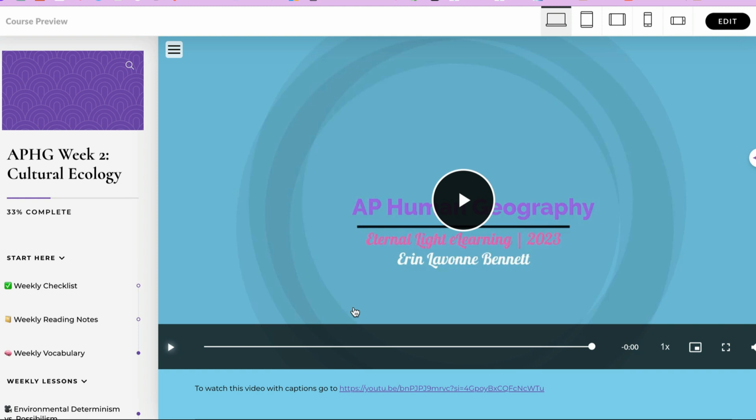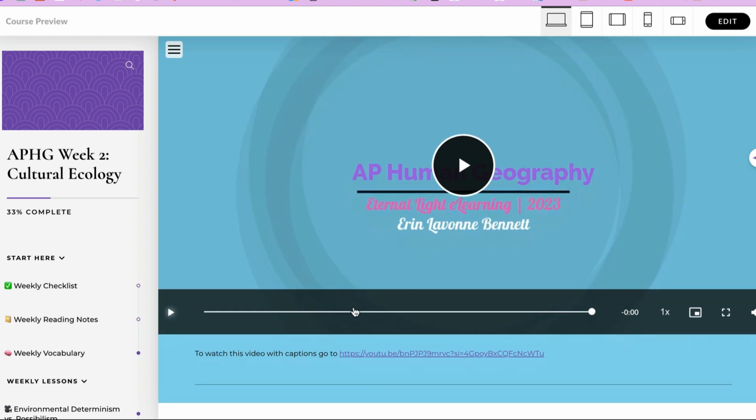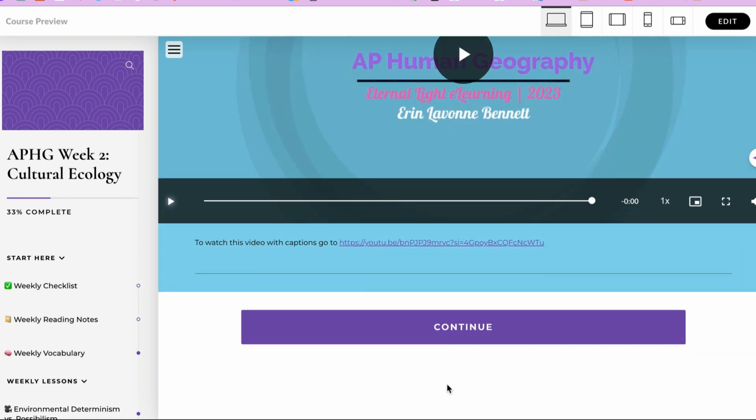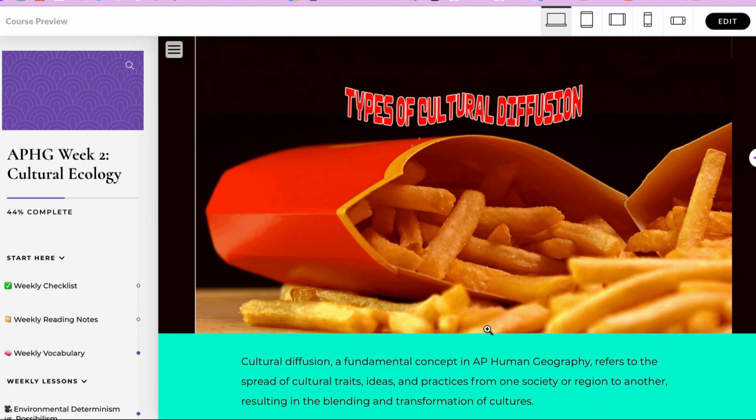However, because of time-space compression and technology, I can order those shoes on Amazon, possibly from Milan, or directly from the store and have it shipped. So that's what that means as far as the effect being diminished. And you'll see a lot of the models in AP Human Geography change and become outdated based on where we are now and where we were when they were first thought of.